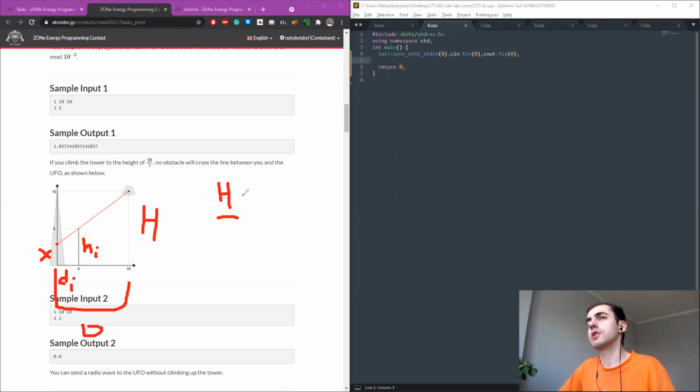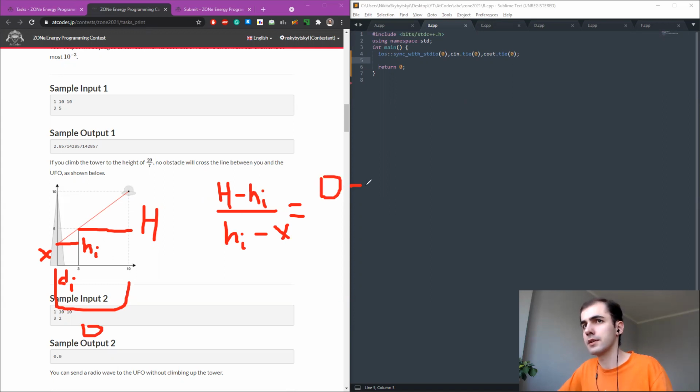Now, what we should do is the following. We take these two triangles, they are similar. So we want to write down the similarity between them. Similarity states that H minus hi over hi minus x, these vertical sides of the triangles, is the same as the ratio of horizontal sides, which is like this.